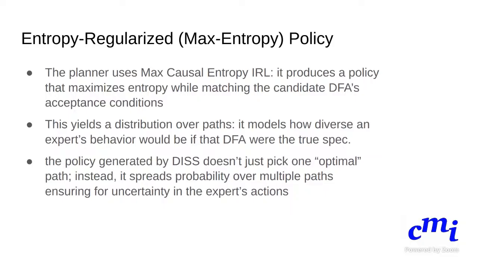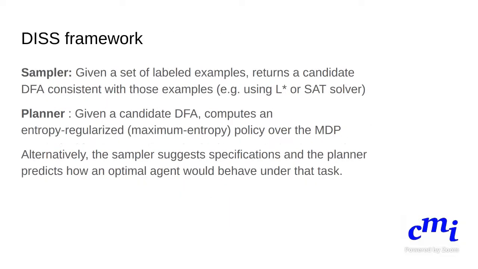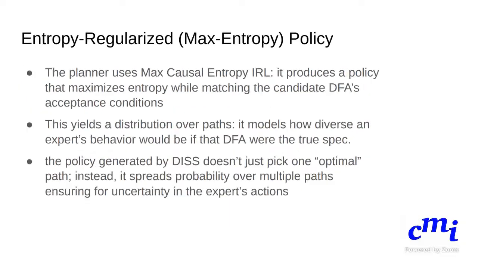Just an example of what this policy would look like: in the first DFA, the sampler only gives us this DFA which adheres to the rule that we reach yellow tile. This is the only specification that we have.